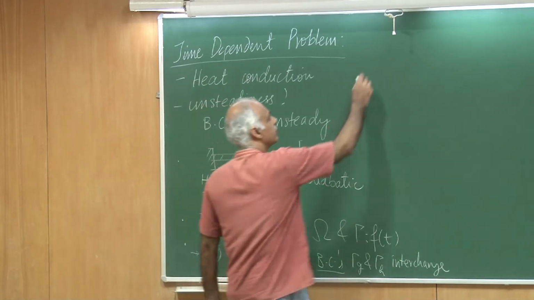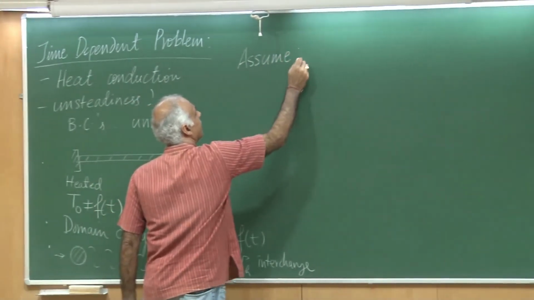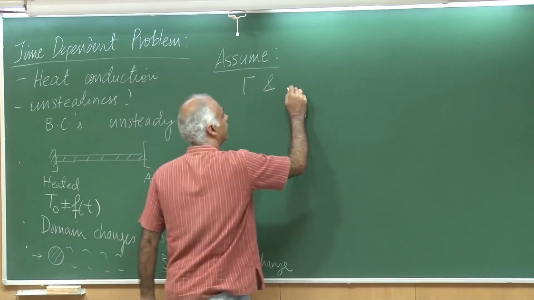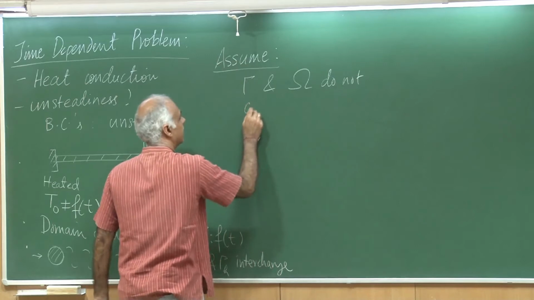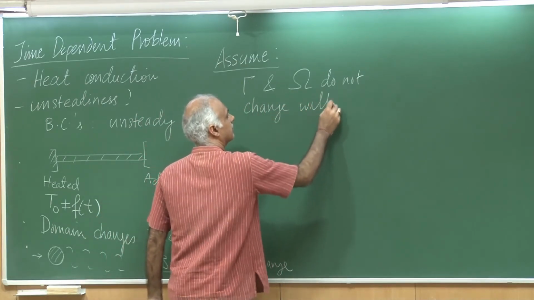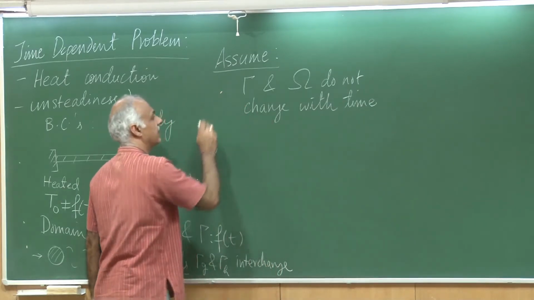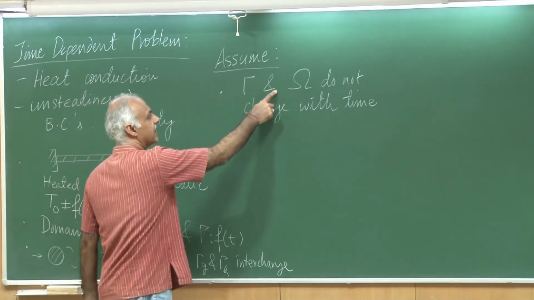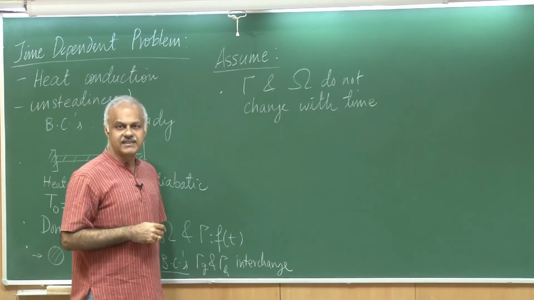So what we are going to assume in our analysis is the following, that gamma and omega do not change with time. In fact, in fluid mechanics, these problems are extremely important. For example, fluid structure interaction.